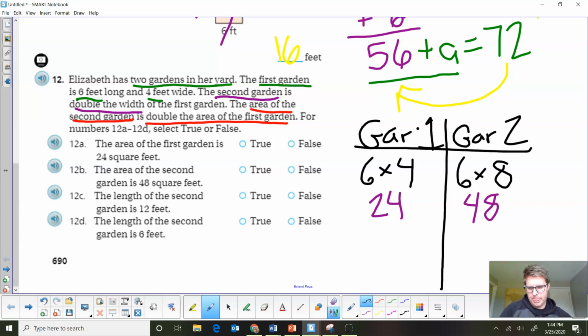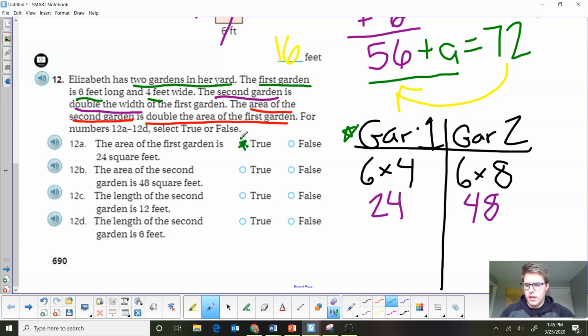All right, so let's look at 12a. So this question is for you, Doobie. The area of the first garden is 24 square feet. Is that true? We'll look at garden 1 over here. The area we found in purple, 24 square feet because it's area, so that would be true, right, Doobie?